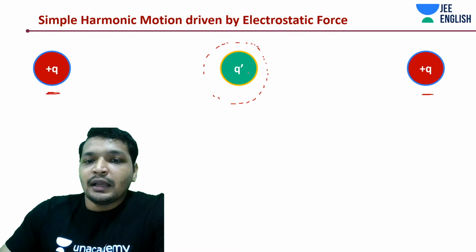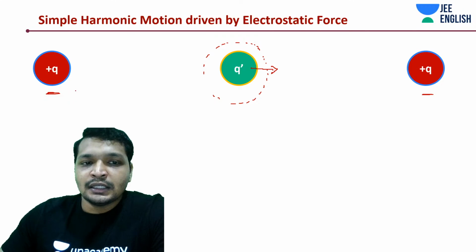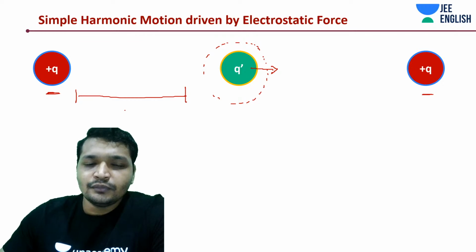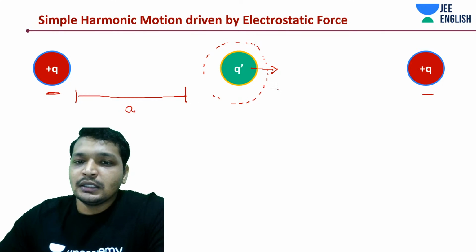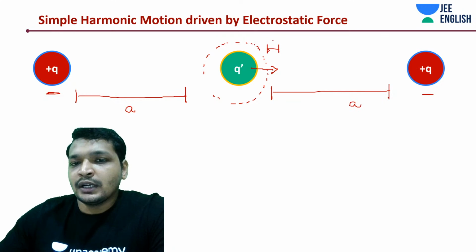And I'm just displacing this charge a little bit in this direction. So it's at equilibrium. In this case, let's say this is A, and this is also A. You displaced it by some x or delta x.